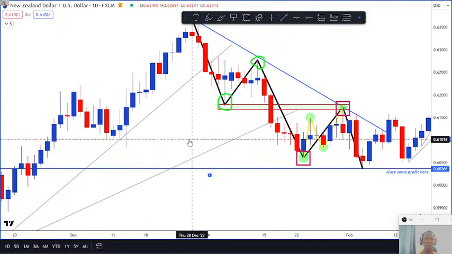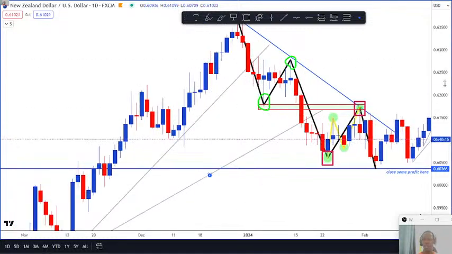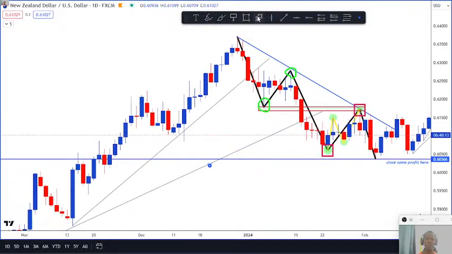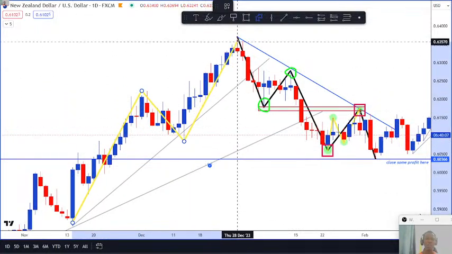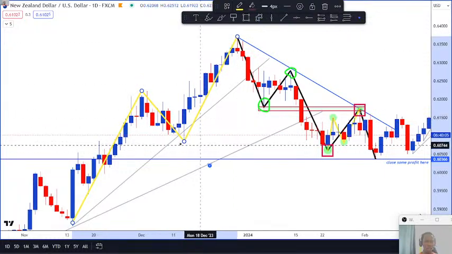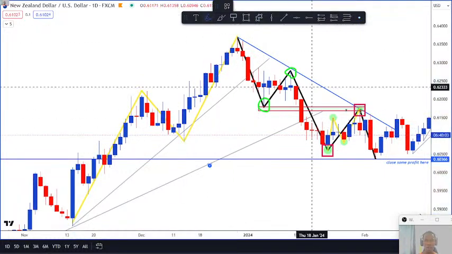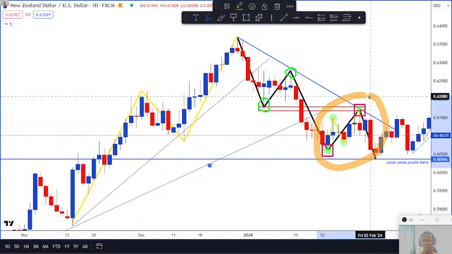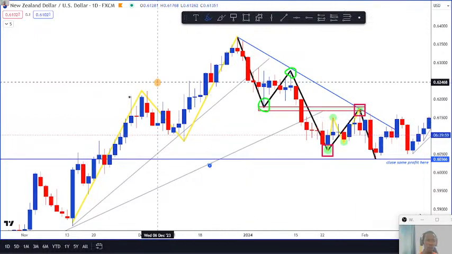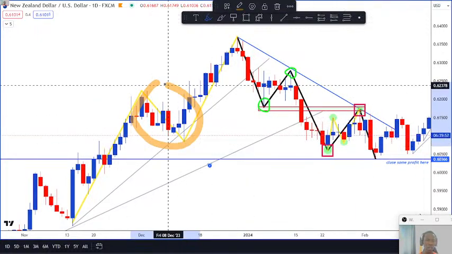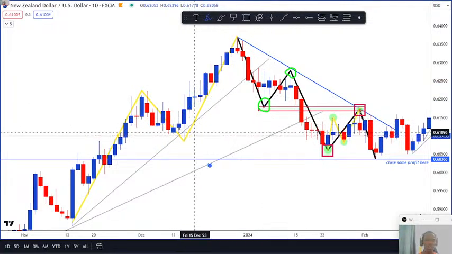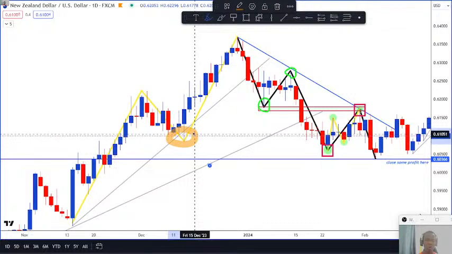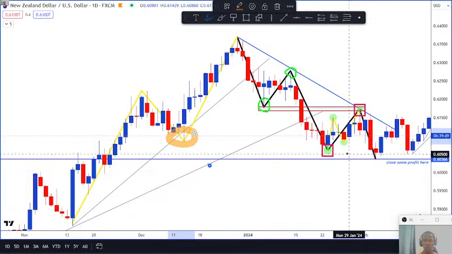Back in time, we have an extension, we have retracement, and we have an extension right here. Just like what we have here, it's the same scenario we are looking at right here, in this case in an uptrend. So at this point in time, this low right here has been broken by this low right here.